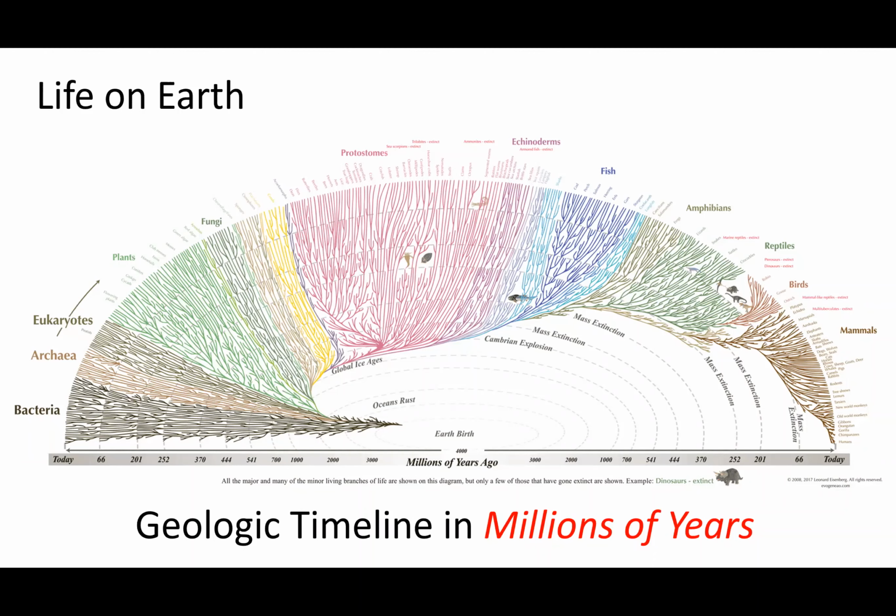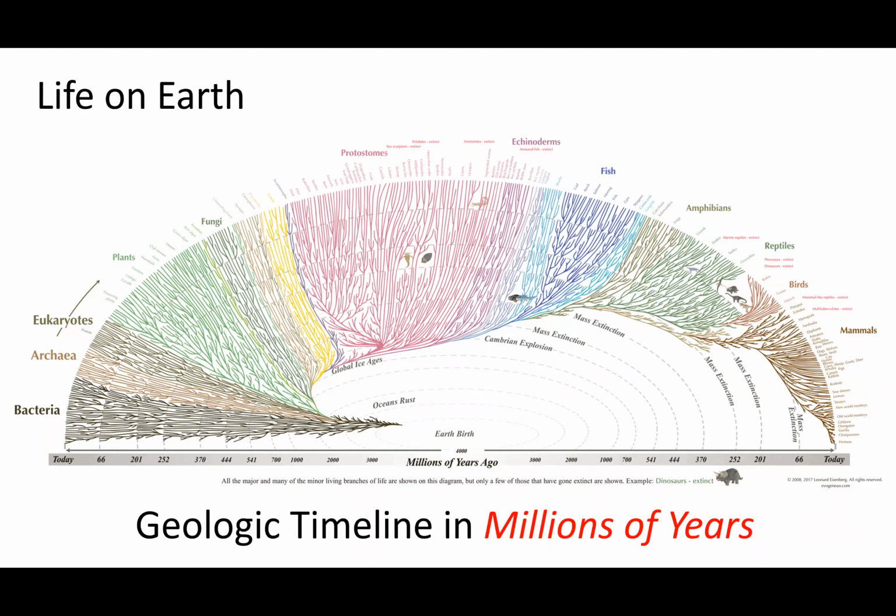And through this graph, we see the first type of organisms that were born were bacteria. And then, around 2 billion years, we have plants. And then, around 444 million, we had the first animals, protostomes. And then it grew into echinoderms.